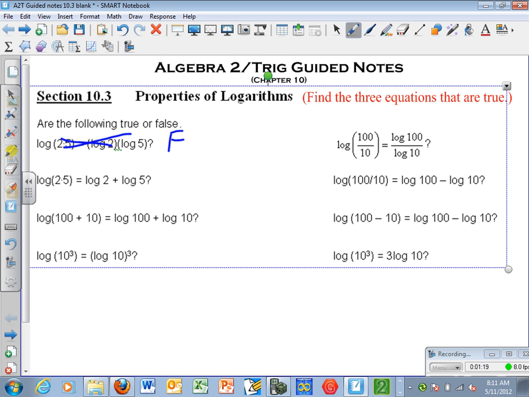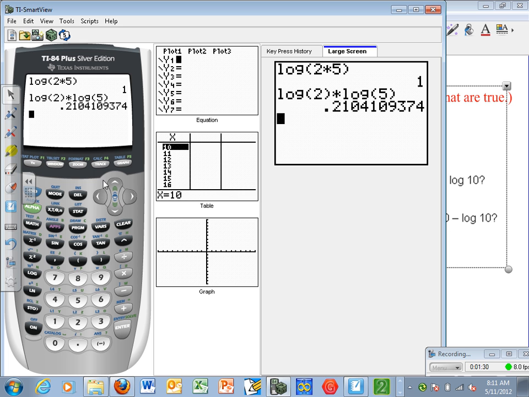Let's go down the left column here. So the log of 2 times 5, does it equal the log of 2 plus the log of 5? Let's see what happens here if we go back to our calculator. Now, we already have the log of 2 times 5 in parentheses. That's 1. So does that equal the log of 2 plus the log of 5?